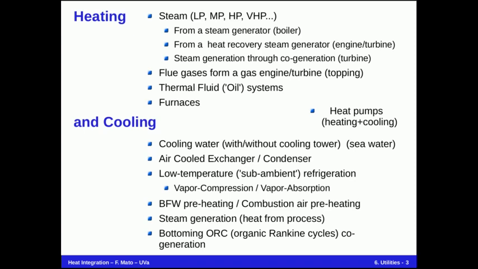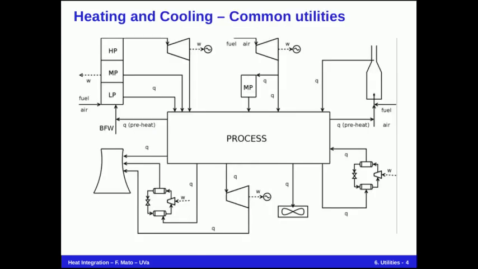And much less frequent, for recovering low-level heat from the process, bottoming organic Rankine cycles, cogeneration. These work exactly as a normal Rankine cycle, but use an organic compound, a low-level evaporating one, to produce the vapor that is used in a turbine and recover work from that.